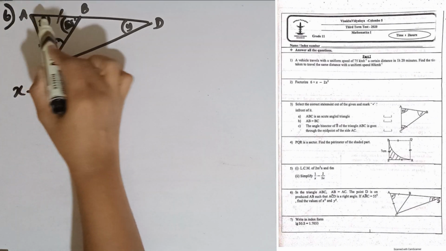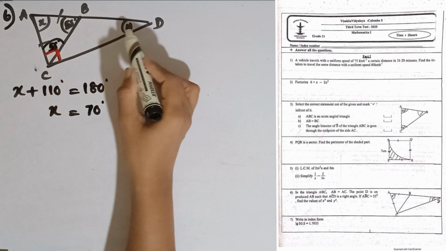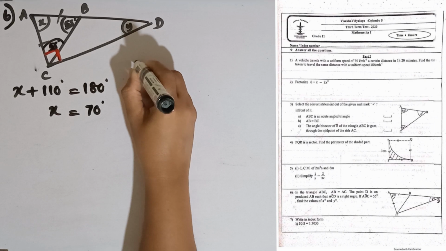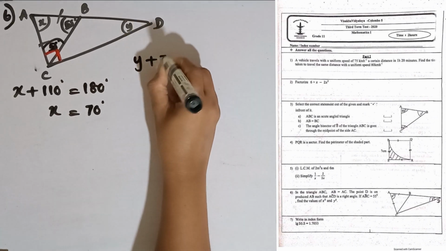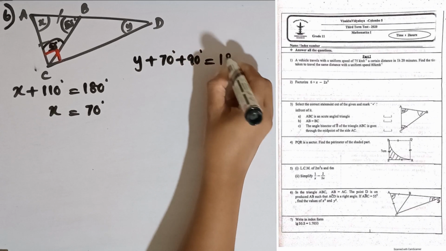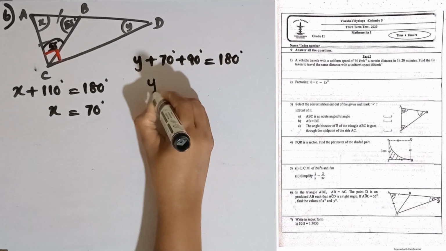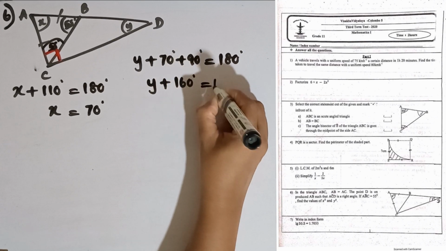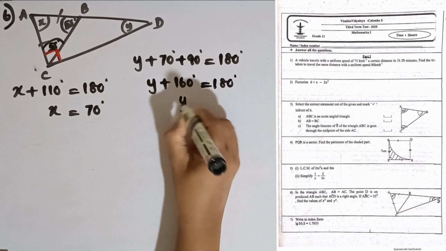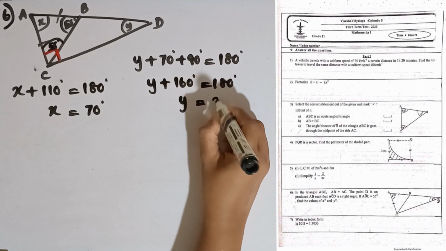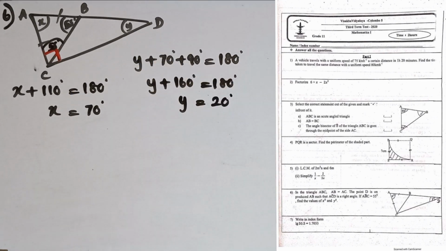This is 70 degrees, this is 90, and we can find y here. I can write y plus 70 plus 90 equals 180. Then y plus 160 equals 180. Then y equals 180 minus 160, 20 degrees.